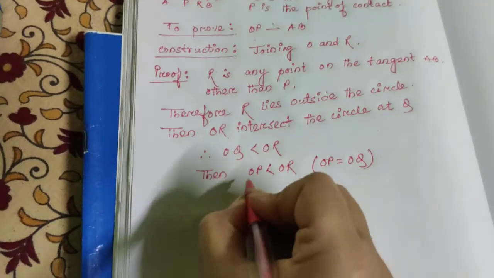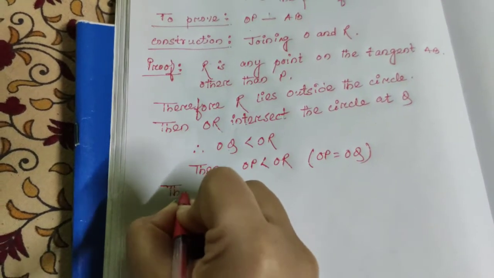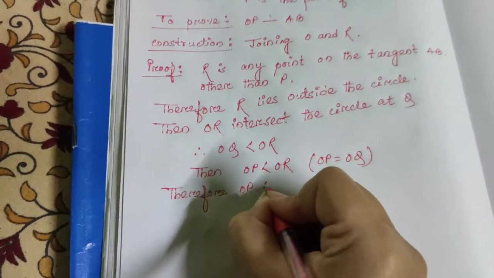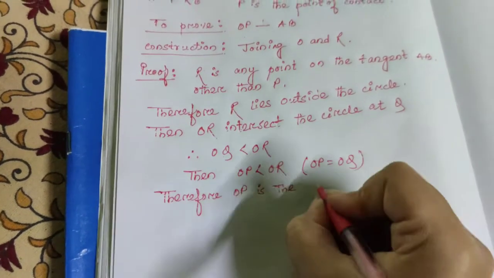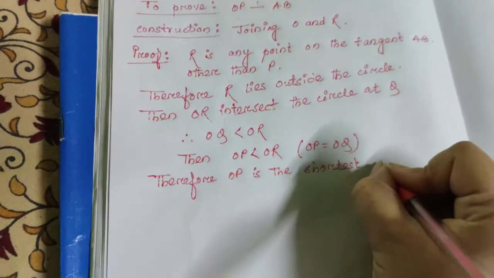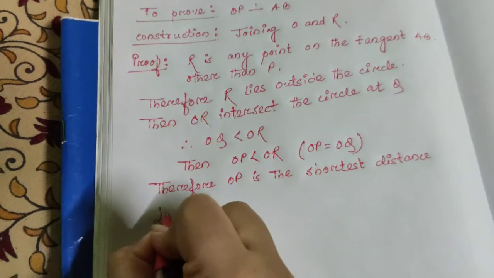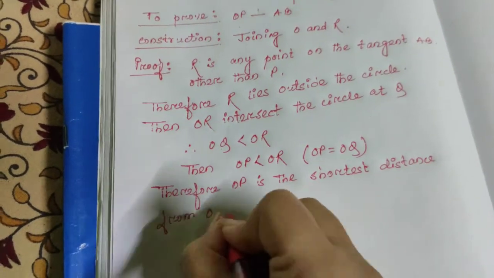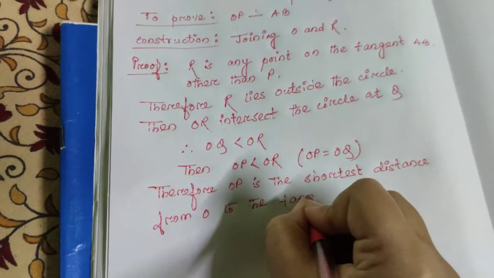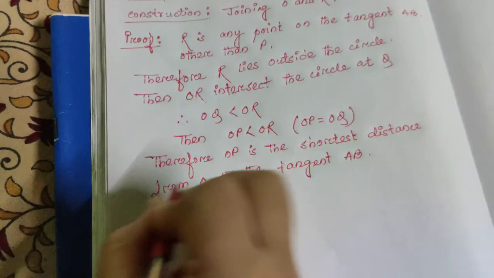Therefore, OP is the shortest distance from O to the tangent AB.